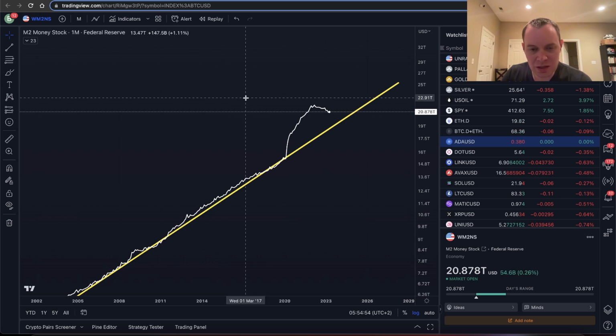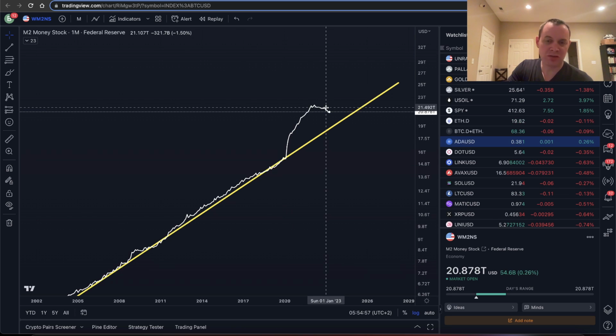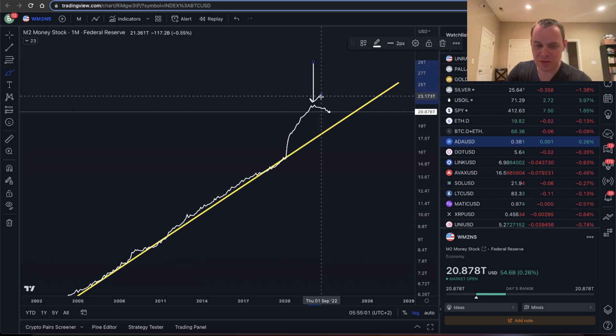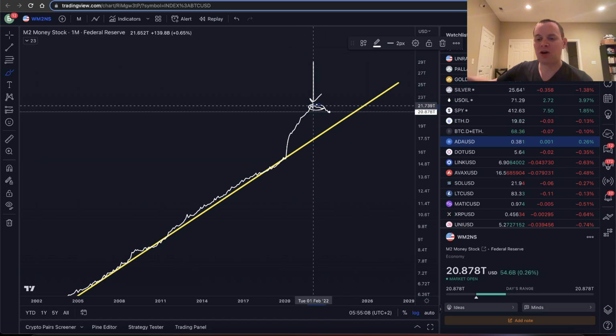Now, if it goes simply back to trend, I still think it's not necessarily the most bullish thing for risk assets, because when the money supply was way up here, we saw them get very, very inflated, and we've since seen a lot of them come down, right? A lot of risk assets have come down significantly.